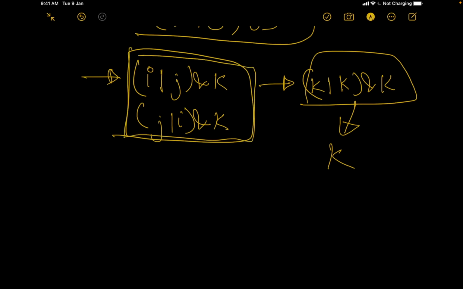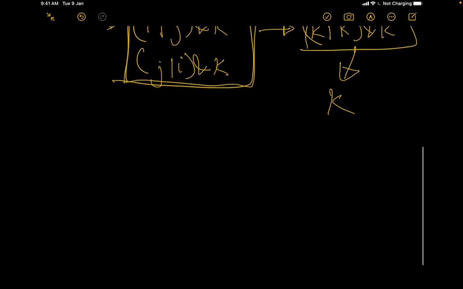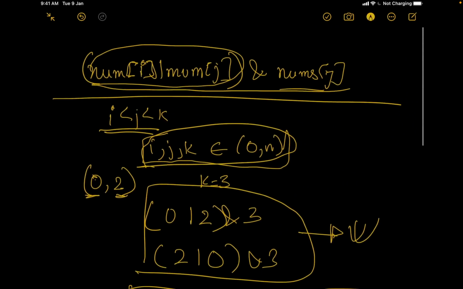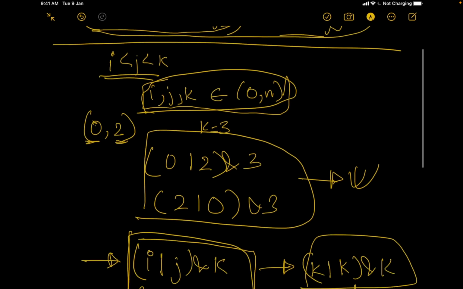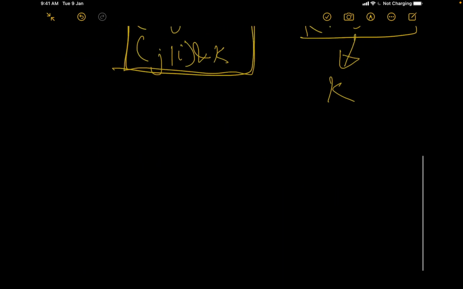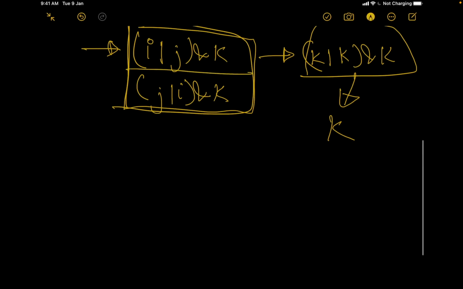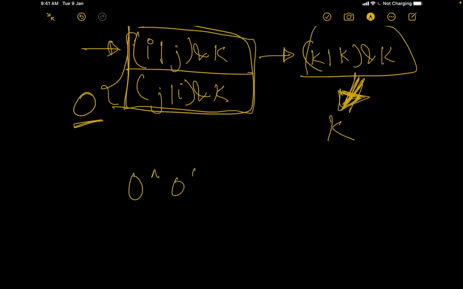Now I hope you know what happens when duplicate values are XORed. When we find this value for all the possible triplets, we have to XOR them up. When we XOR same values, or duplicate values, they become 0. So this pair would become 0. Likewise, every such pair would become 0 unless they are identical elements. So in the end, what we'll have is a lot of zeros XORed with individual elements.